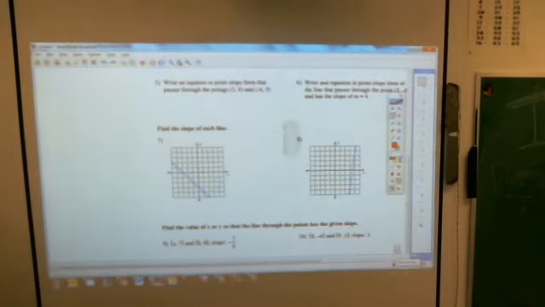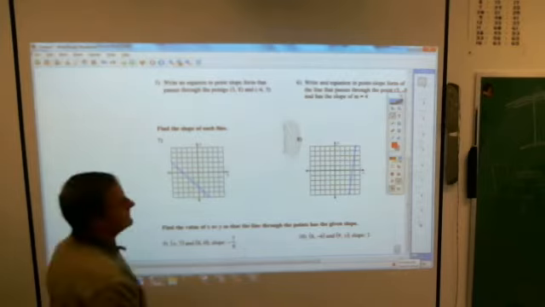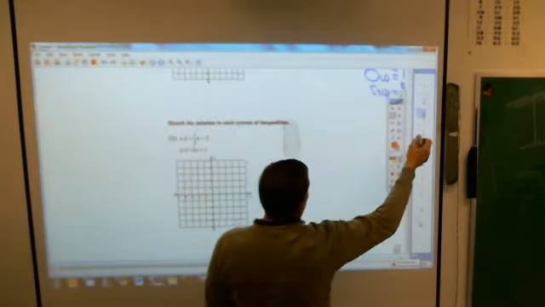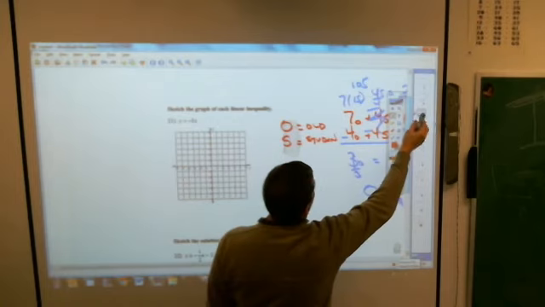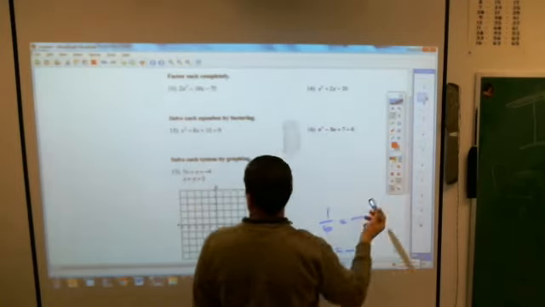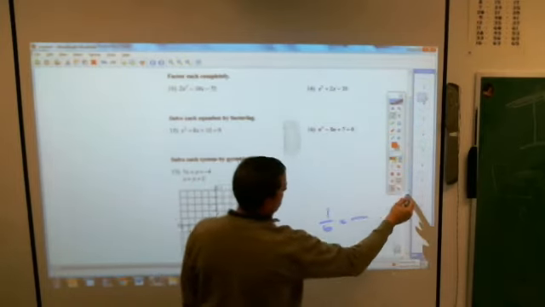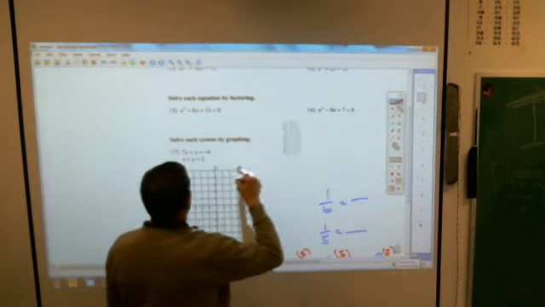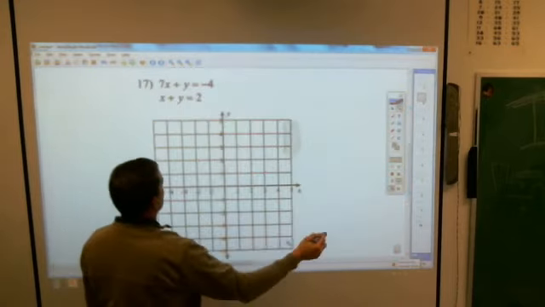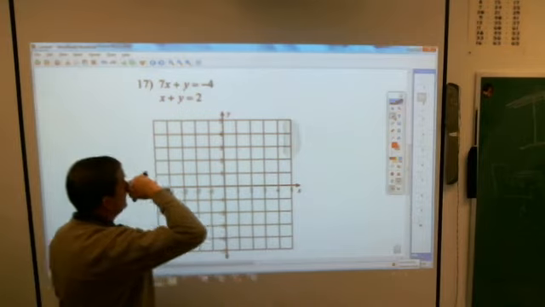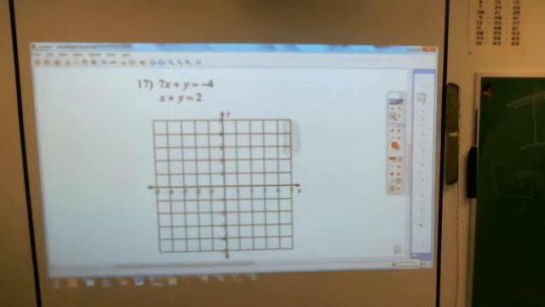Manuel, 17. Solve this system by graphing. Now, here is the gist of this one. Somebody came back to me and asked me about this, and I think it was Lane.